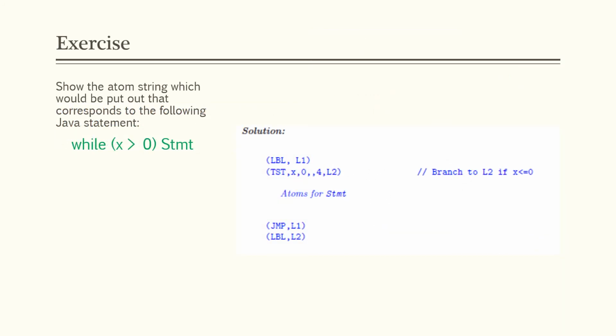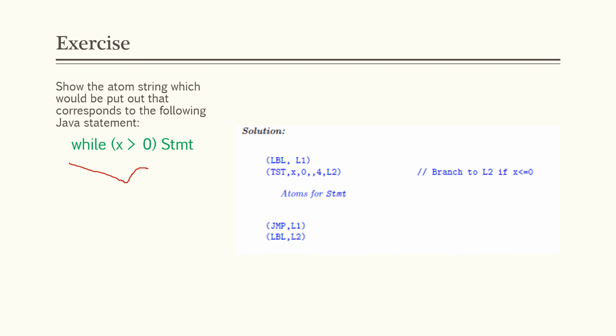Let's look into the exercise. The question will ask: show the atom string which would be put out that corresponds to the following Java statement. Given the following Java statement, while x greater than 0, then statement. How to write the atom for this statement?